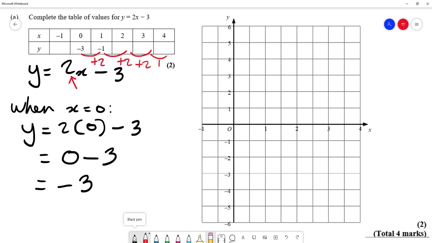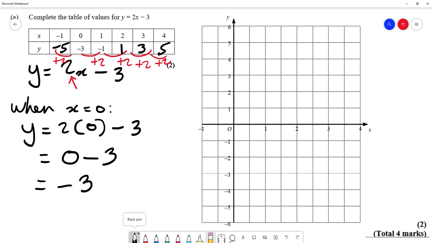So -1 plus 2 gives me 1, 1 plus 2 gives me 3, and 3 plus 2 gives me 5. Now, what do I add on to 2 to give me -3? Well, that's going to be -5. We can check that: -5 plus 2 definitely gives me -3.